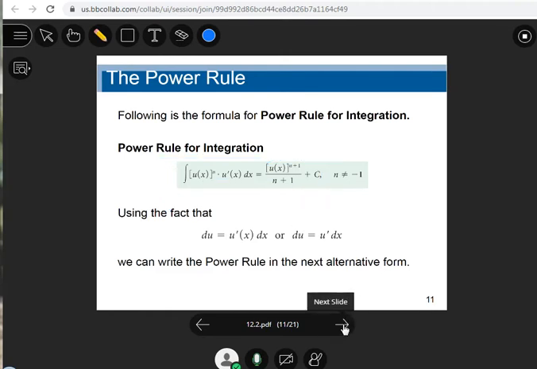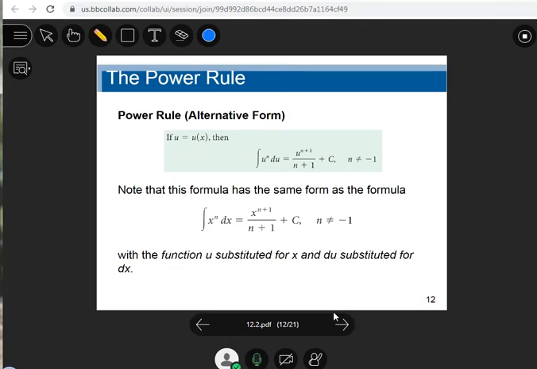After doing some examples, you can understand it. Also, if u is a function of x, this may be a linear function here. U is linear.